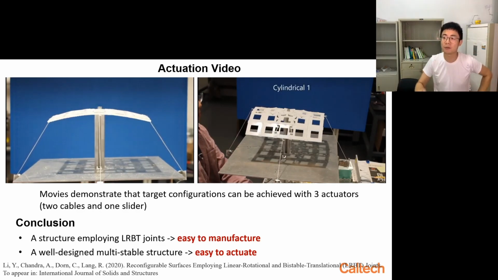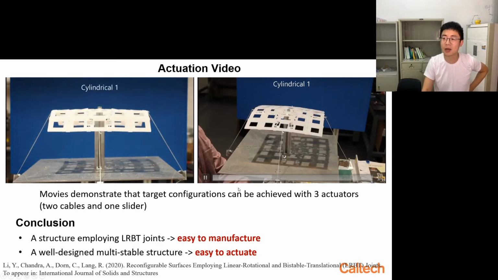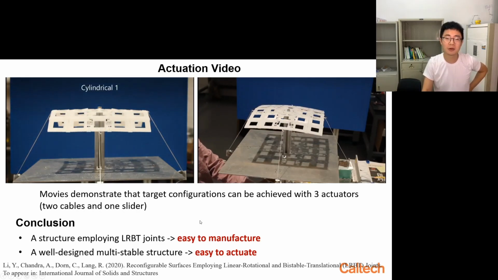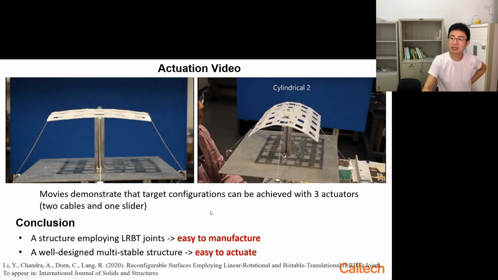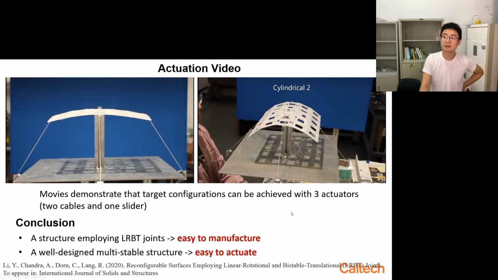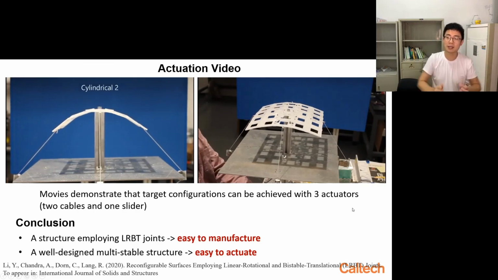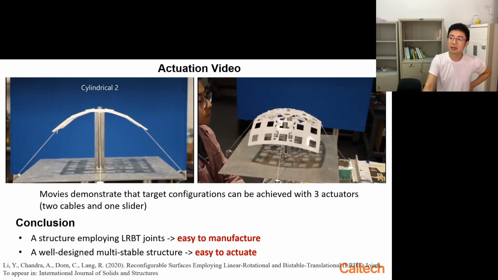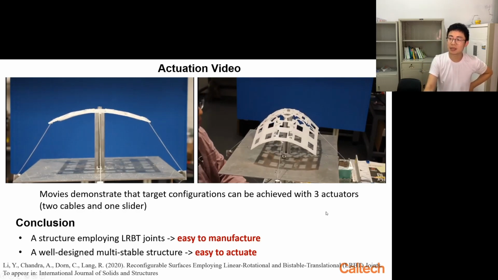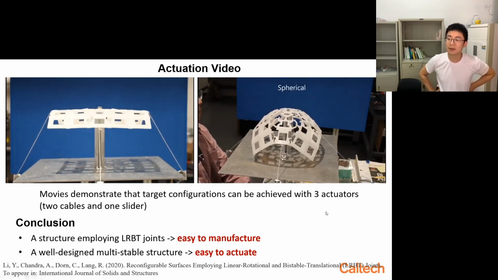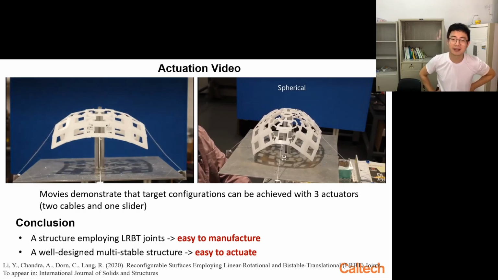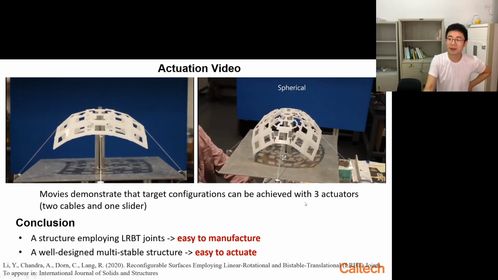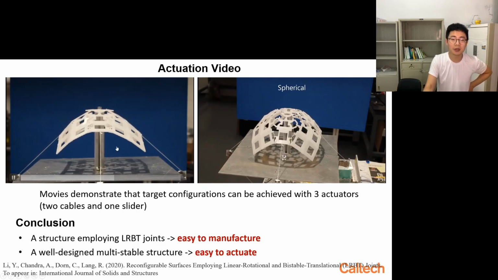This is cylindrical in one direction, and this is cylindrical in another direction. You just pull one cable. Okay. Now you can see it's snapping up, open. Right. This is spherical. You pull it and then snap.